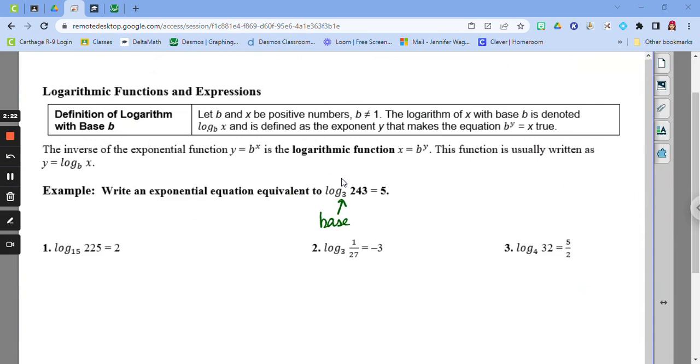So the first thing I'm going to do is I'm going to pull 243 out. 243 equals the base 3 to the 5. Okay, so keep in mind, this is considered our x.